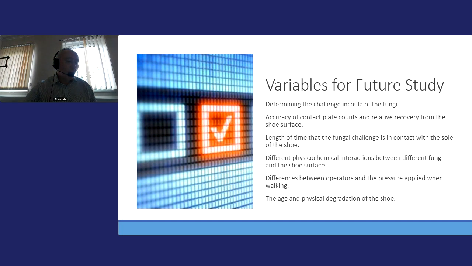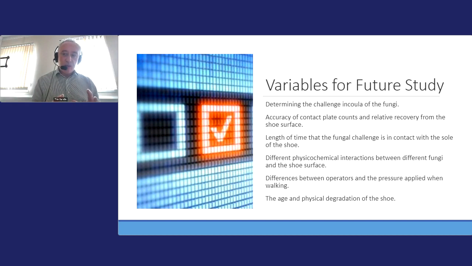So I want to do some more work with the length of time that the fungus is in contact with the shoe, with some different types of fungi, looking at different physicochemical interactions between the fungus and the shoe, different physical degradations of shoes, more variation between operators, more differences on pressure, and they could be interesting areas to explore in the future.